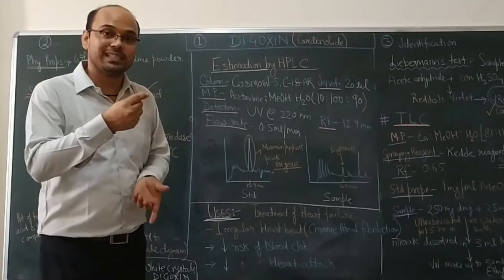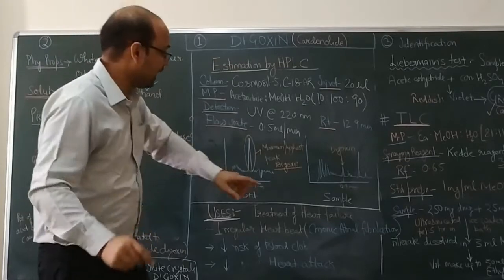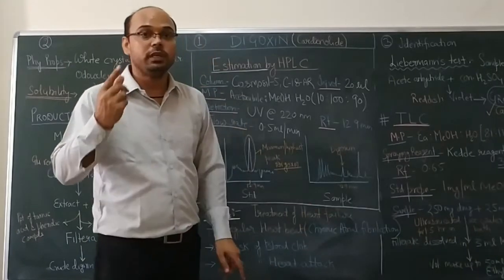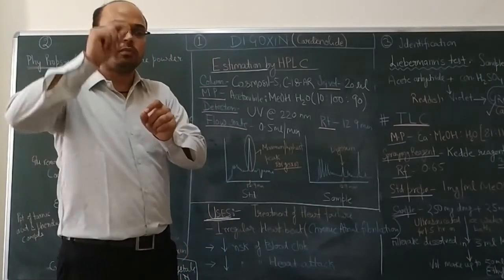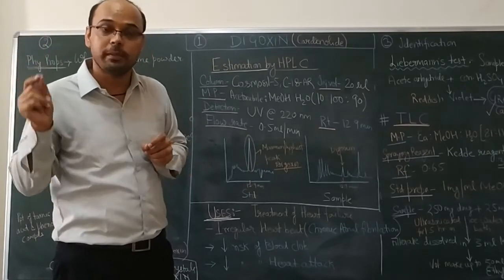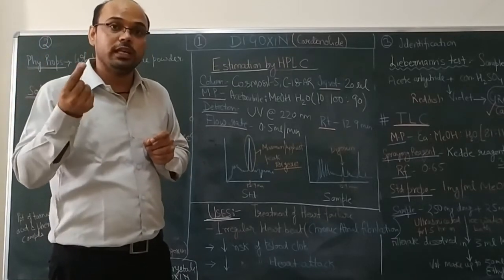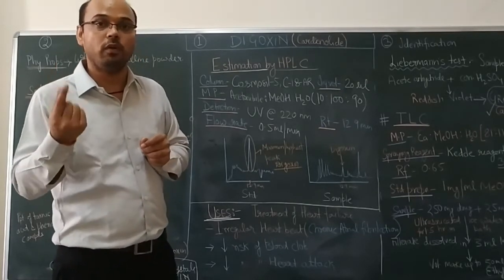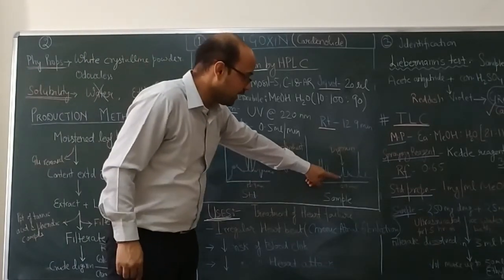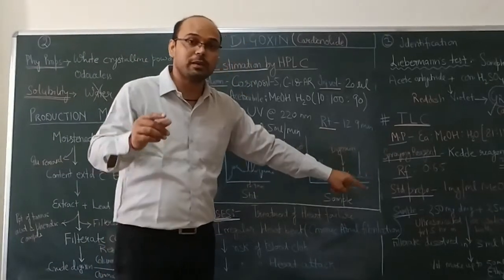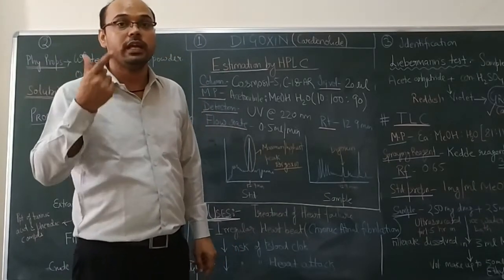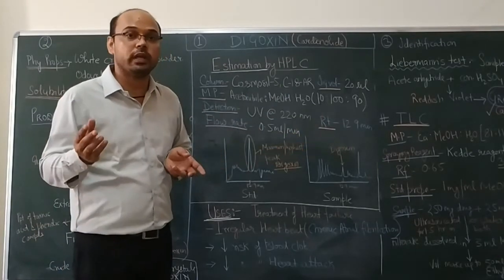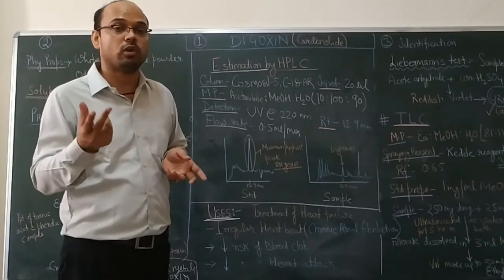When you inject the sample, you observe various peaks in the chromatogram, and you can identify the peak of digoxin from the multiple peaks if it is observed at the retention time of 12.9 minutes from the time of injection. In this way you can easily detect that this peak belongs to the phytoconstituent digoxin. So this is the method by which you can estimate and also quantify your phytoconstituent in the given drug sample.